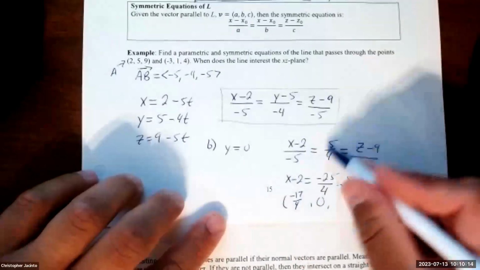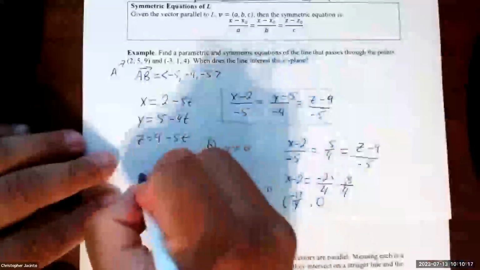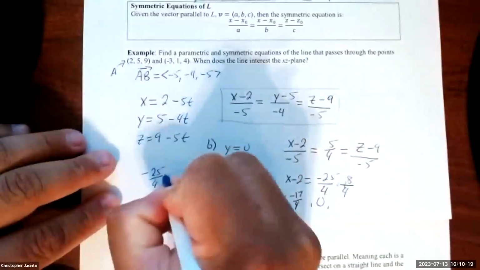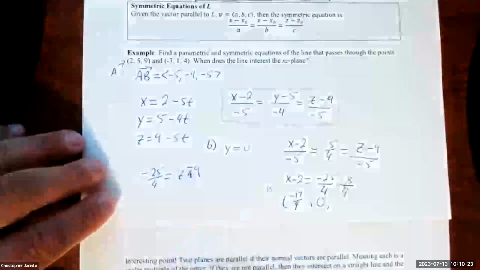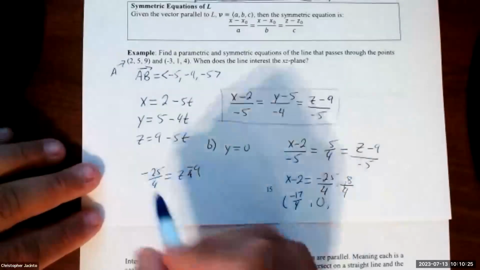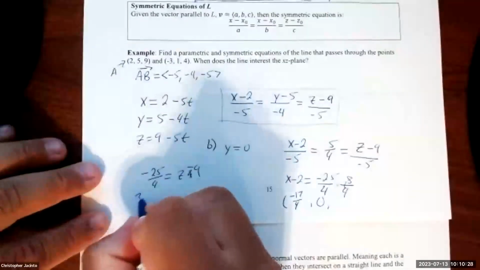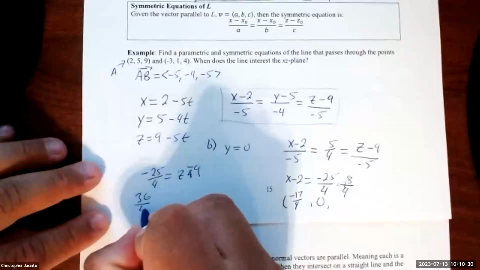And then solving the same thing on this side. So multiplying, -25 over 4 is equal to z minus 9. And therefore, we just add it over. So 36, I believe.